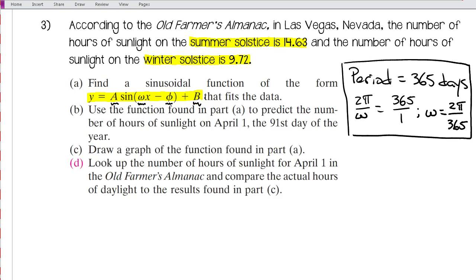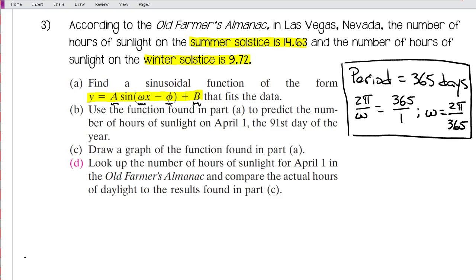Alright, so next, what I want to do here is give a little bit of information which you can look up or sometimes it would be given to you. We're going to need an XY point for this.